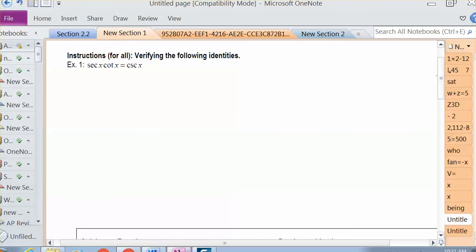But let's talk about example 1 here. Secant x cotangent x equals cosecant x. What you want to do is choose one side to work on, and choose the more complicated side.